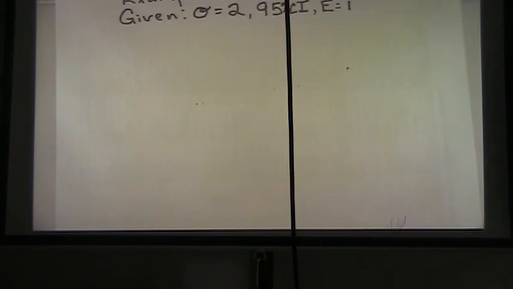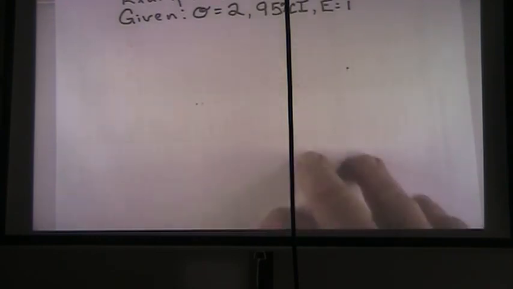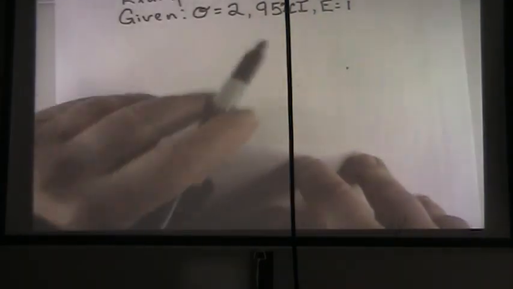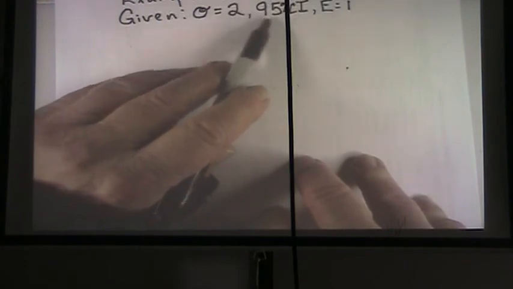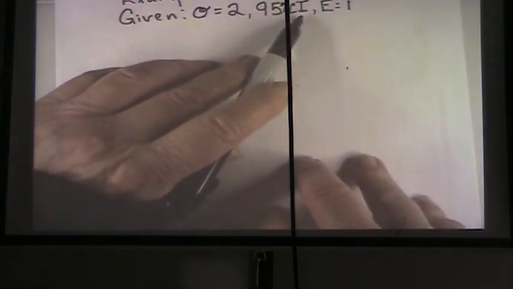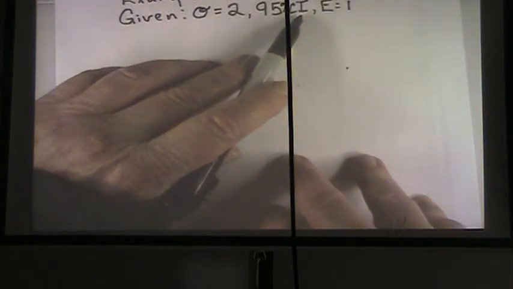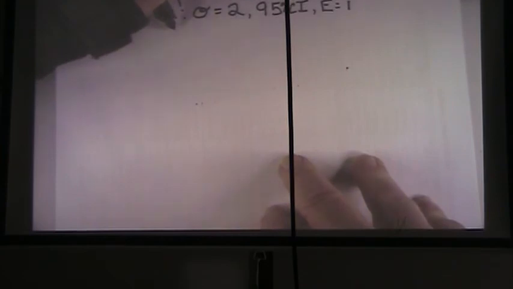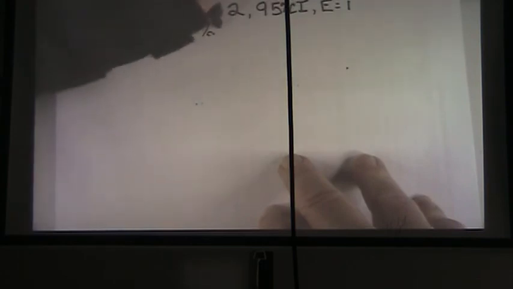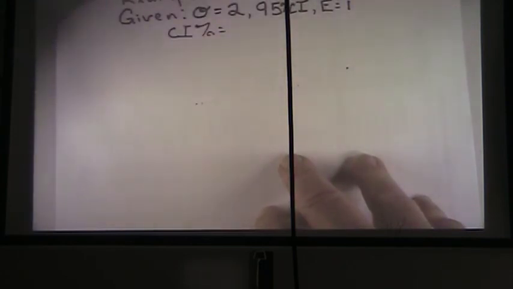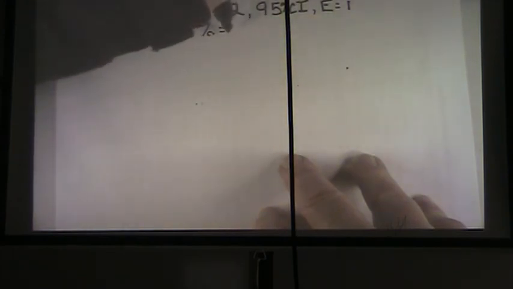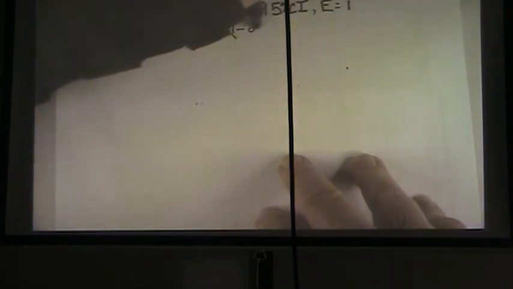Okay, so to refresh your memory from our previous lectures, for a 95% confidence interval, if we didn't know that right off, which actually I do because we use 95% all the time, our confidence interval percentage equals 1 minus alpha times 100%.